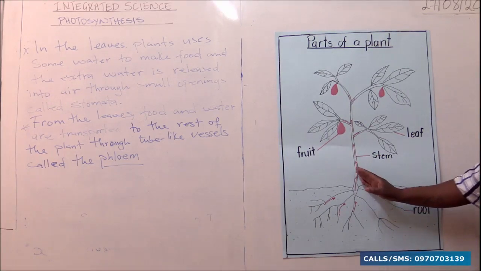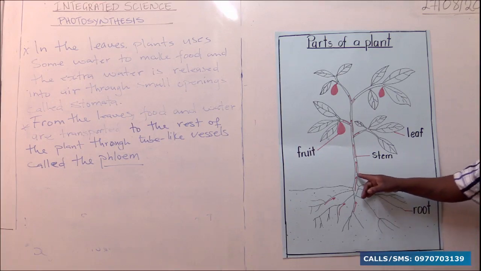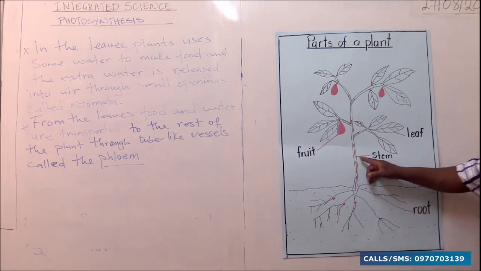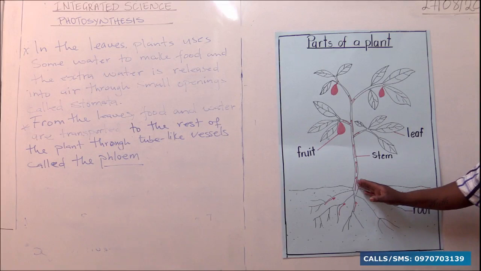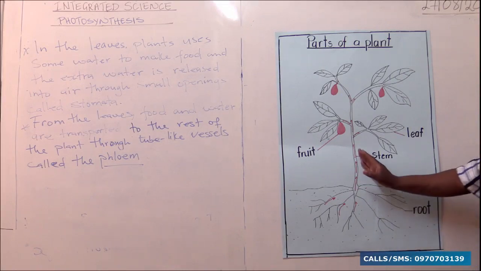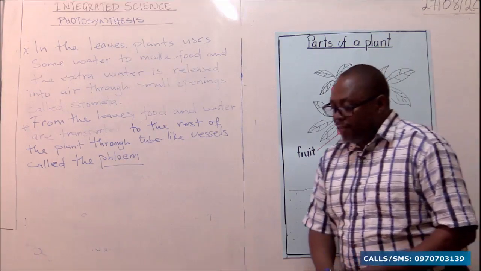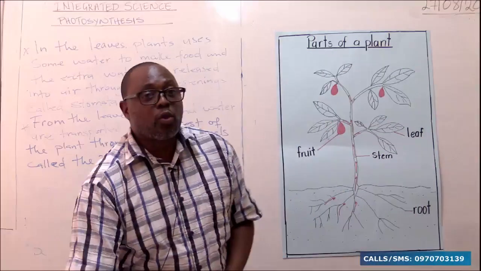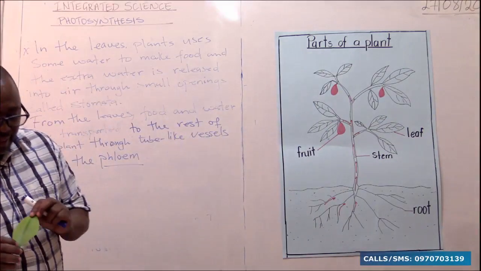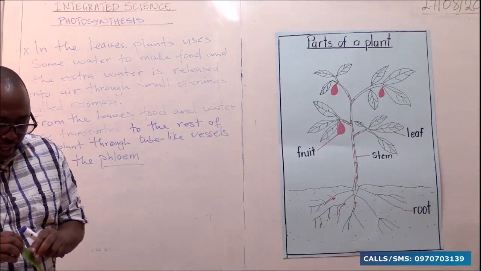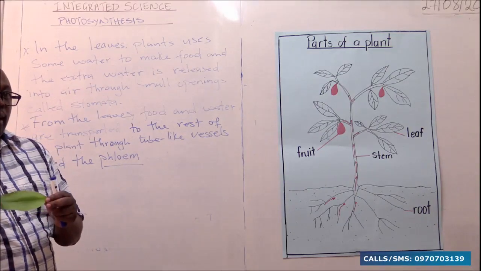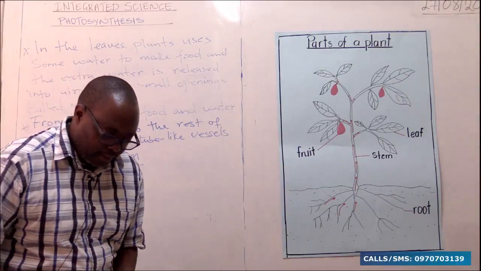The stem has tube-like vessels that we call xylem, where the water and nutrients are transported. Then the leaf also has got stomata that release the water into the atmosphere.